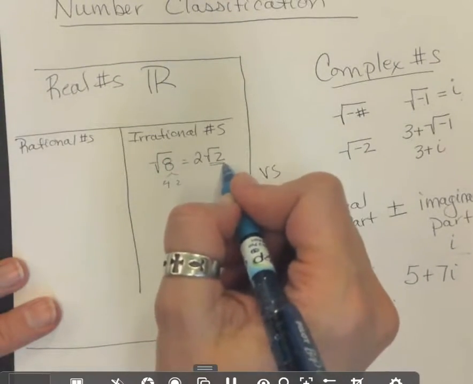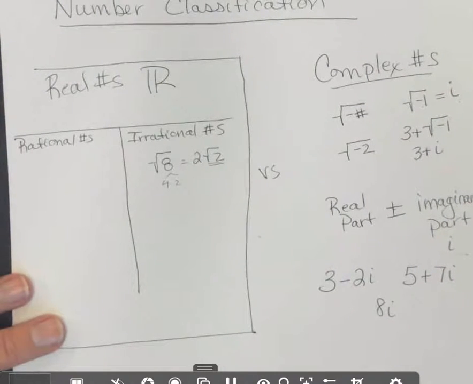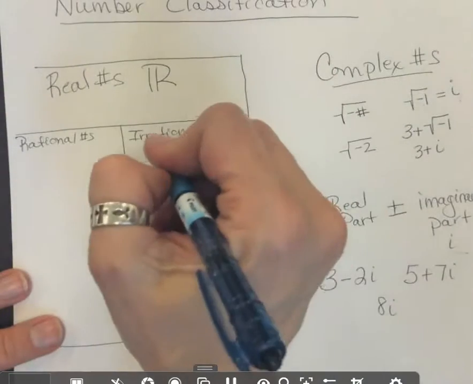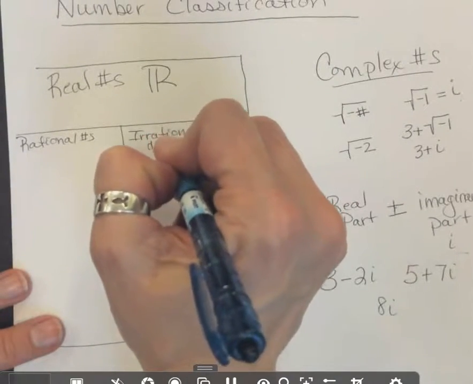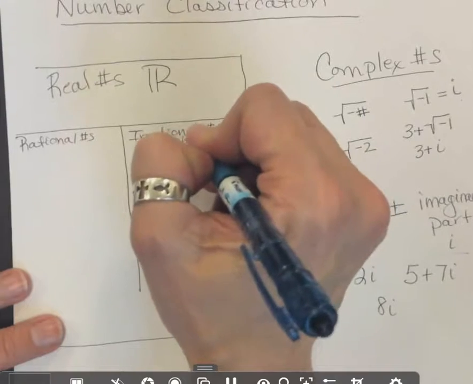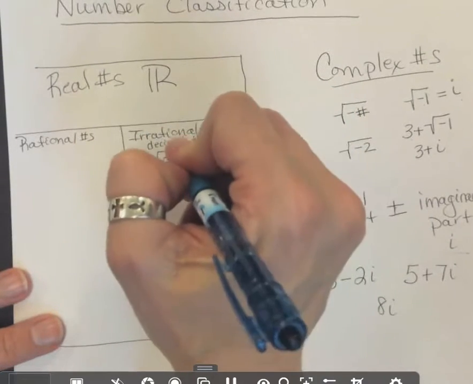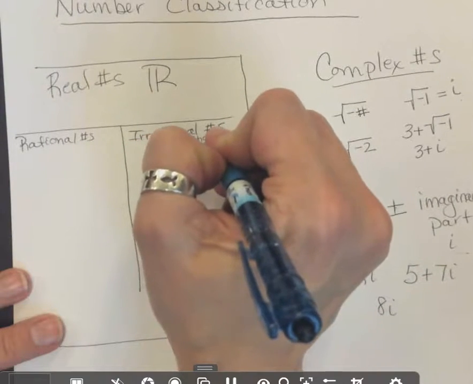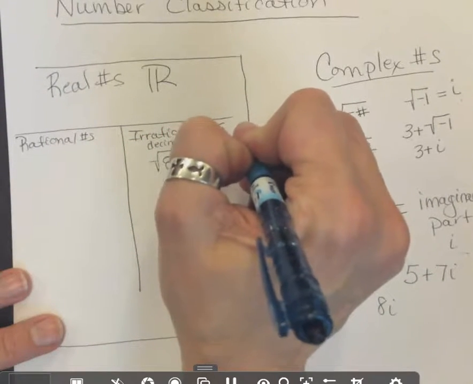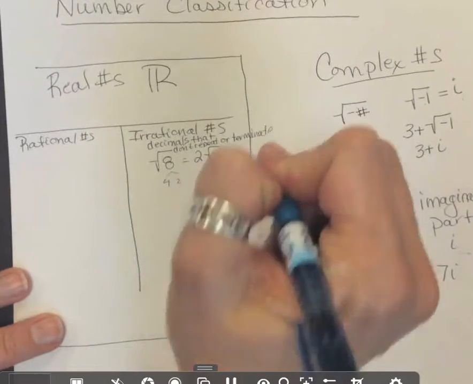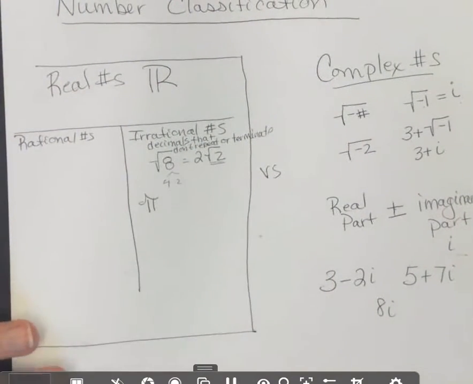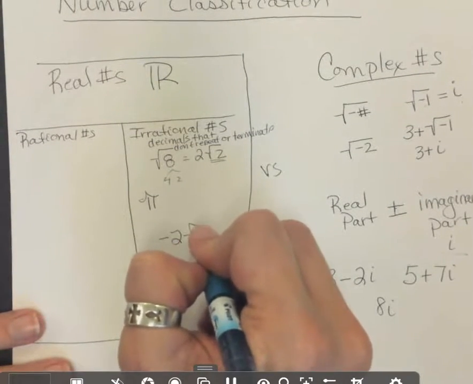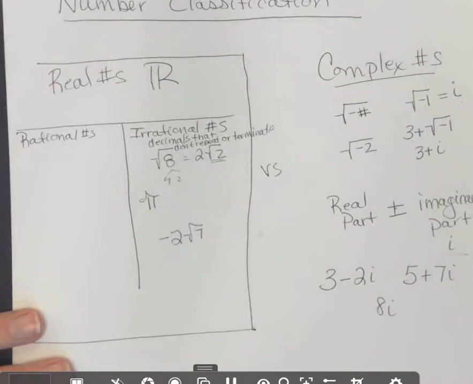But this portion can't be written as a fraction, and there's not an exact number. These are decimals that don't repeat or terminate. Pi is an example of that. Negative 2 square roots of 7 would be an example of that.